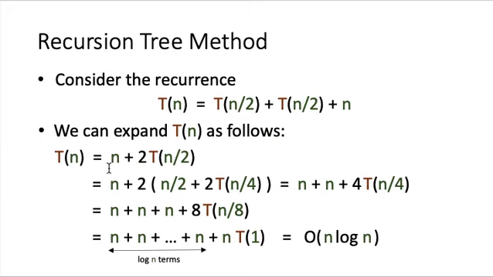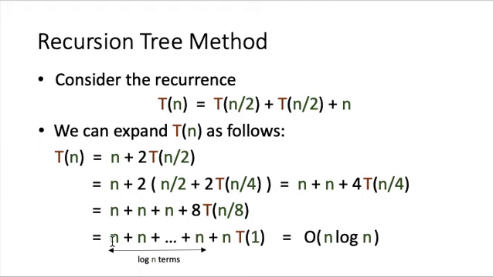Now this is a nice pattern. We start from n and then 2 copies of T(n/2). After that we get n plus n and then 4 copies of T(n/4). If we do this further, we get n plus n plus n and then 8 copies of T(n/8).